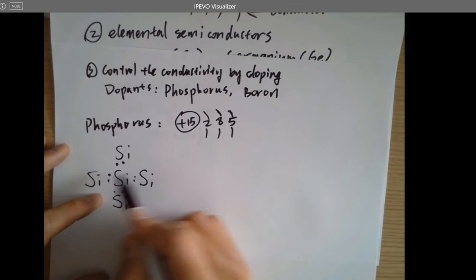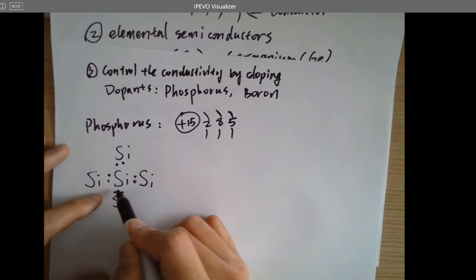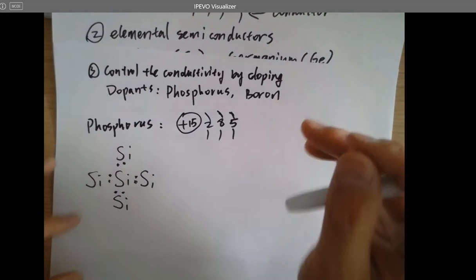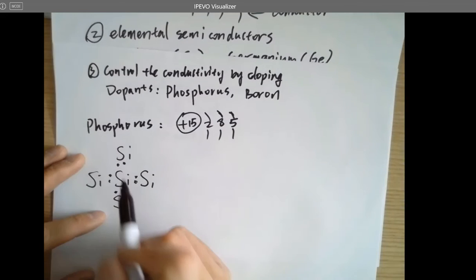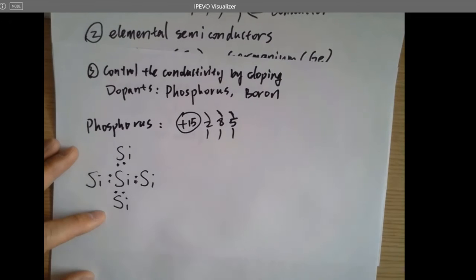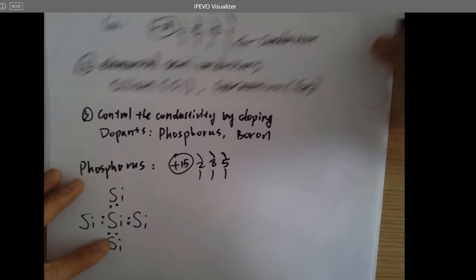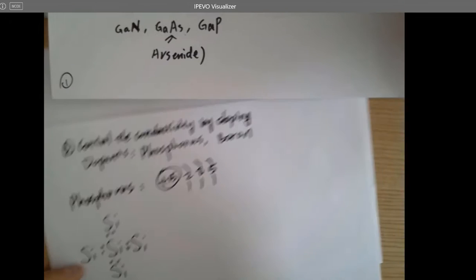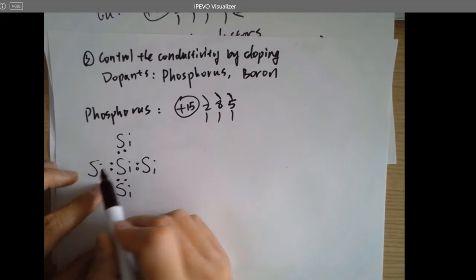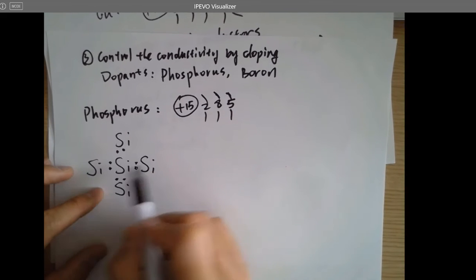So we just look at the one in the middle, and you know that it's repeatable and can be extended to all the other atoms in the lattice. So this guy has 4 valence electrons, and it's being shared with another 4 silicon atoms like this, right?